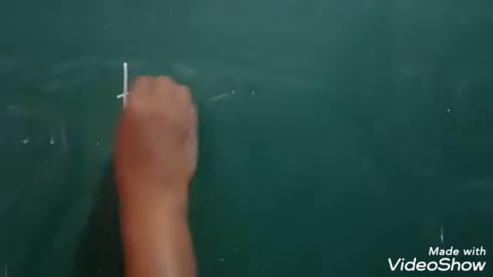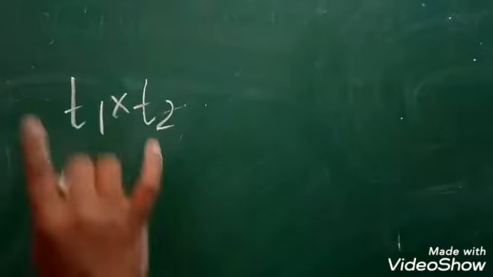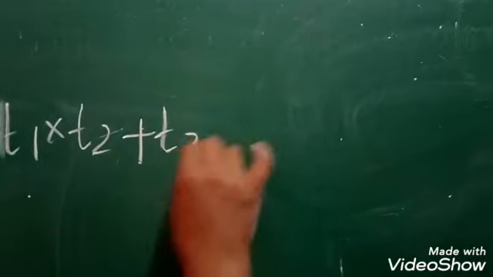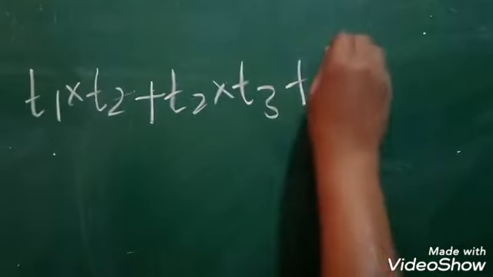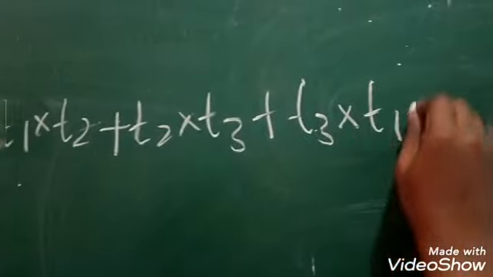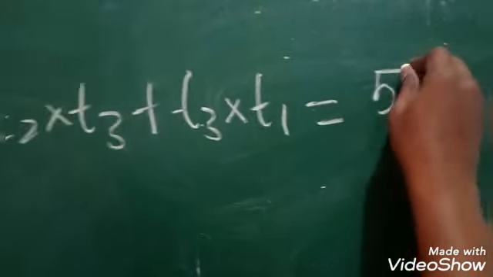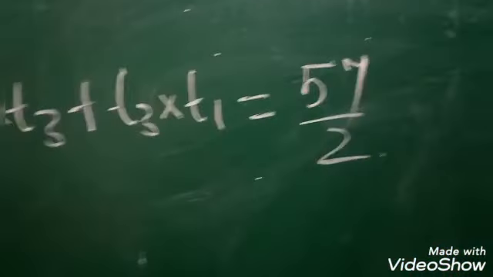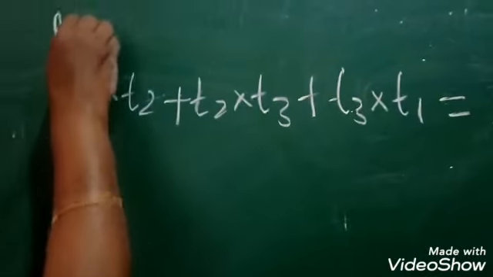The sum of the products of the terms taken two at a time. How do you write it? T1 into T2, then T2 into T3, then T3 into T1 is equal to how much they gave? 57 by 2. Here is the given condition number 2.